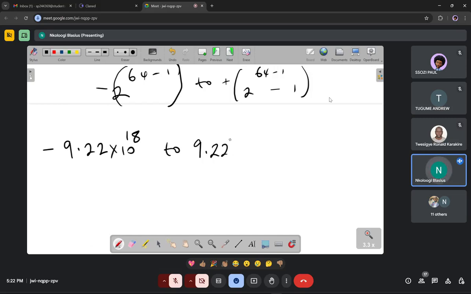Of course, I've rounded off, times 10 power 18. So that means that whichever number you write inside here will be fitting in your what? So your computer, which is a 64-bit, can store data within all that range.